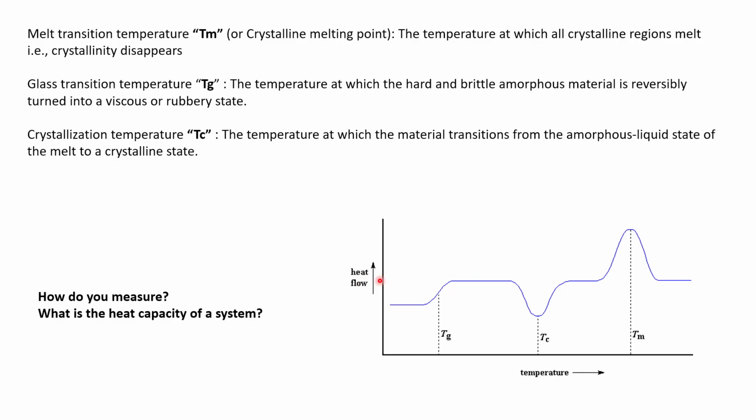And if you keep increasing this temperature, you'll reach a point where you're supplying the system with enough energy that the crystallinity reappears. So the polymer becomes crystalline again, and there is this reduced heat flow. But if you keep on increasing this temperature, there is this point called the melt transition temperature, where it completely goes away, right? So the crystallinity completely disappears because there is so much energy being supplied to the system. All the ordered bonds are broken. So that's what the melt transition temperature is.